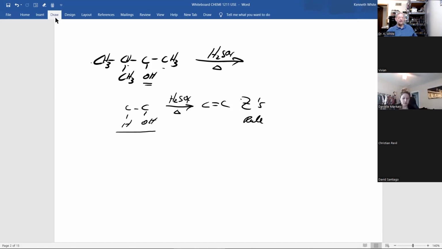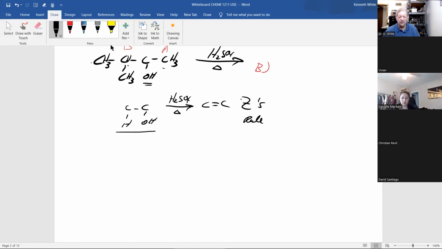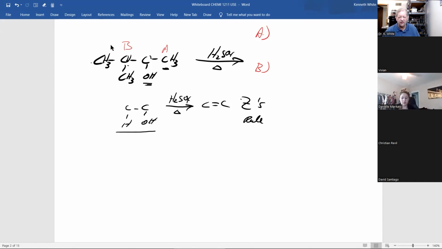Now, if we look up here, we have a hydrogen there and a hydrogen there. If I lose a hydrogen from A and the hydroxyl group, oops, I forgot a hydrogen there. Somebody should have caught me. All right, if we lose the hydrogen from A and the hydroxyl group, here's the alkene we would get.